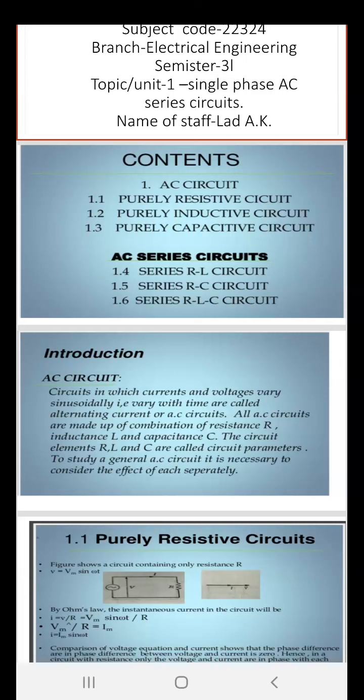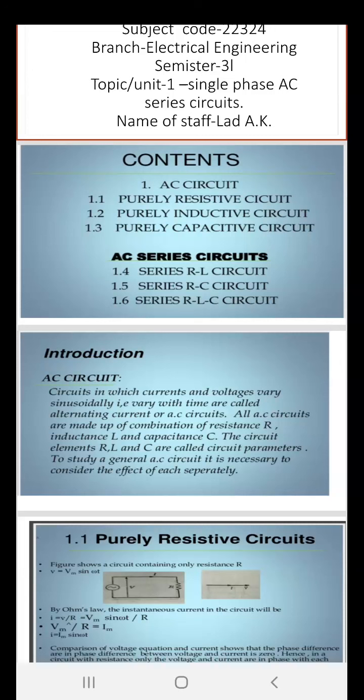Introduction to AC circuit. Firstly we know what is meant by current and what is meant by voltage. Current means rate of flow of charge, and voltage means pressure on that charge.